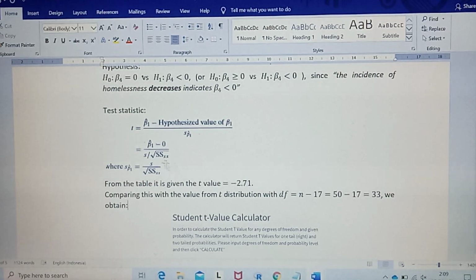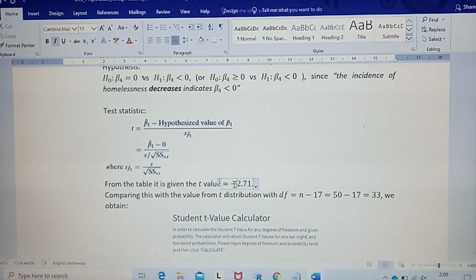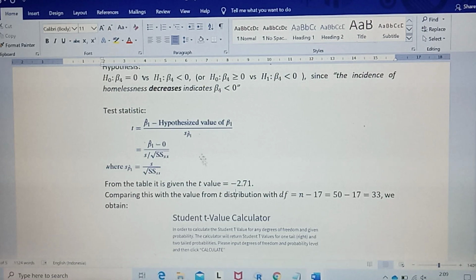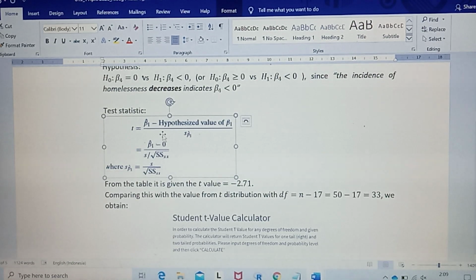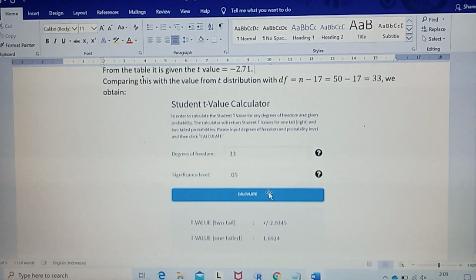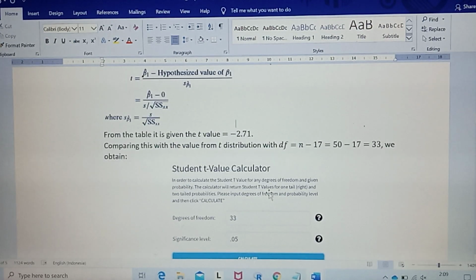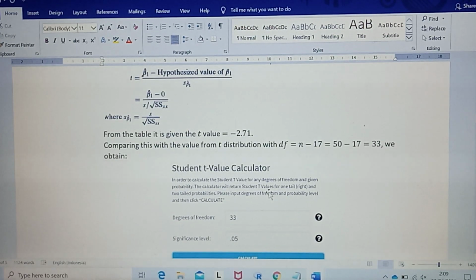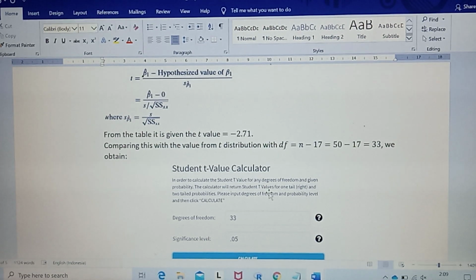So we just make use of the value given in the table, that is the t value minus 2.71, which is the number addressed by this formula. And then we compare this t value with the t distribution with 33 degrees of freedom, and we can just use the online t calculator.